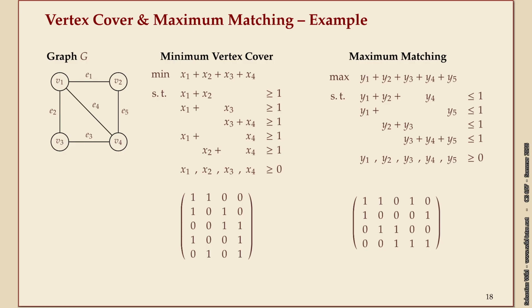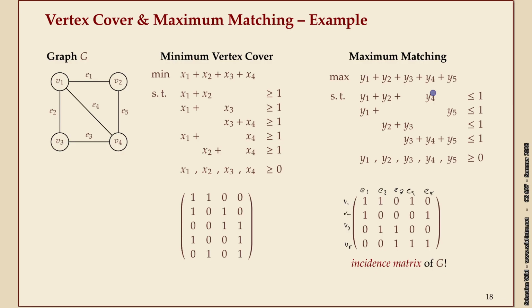If you look at the matrix A, which is the matrix of the constraints, this is a bit inconvenient, but here the natural one is for the dual. This matrix is also known as the incidence matrix of the graph. You have the vertices as rows and the edges as columns, and you have a 1 if they're incident and a 0 otherwise. And so that turns exactly into the coefficient matrix for the constraints for matching.